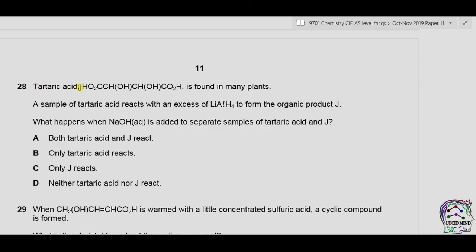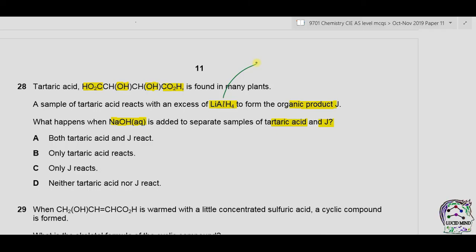Question 28. Tartaric acid. We have carboxylic acid groups and secondary alcohol groups attached. Again, carboxylic acid is found in many plants. A sample of tartaric acid reacts with an excess of lithium aluminum hydride to form organic product J. What happens when aqueous sodium hydroxide is added to separate samples of tartaric acid and J?